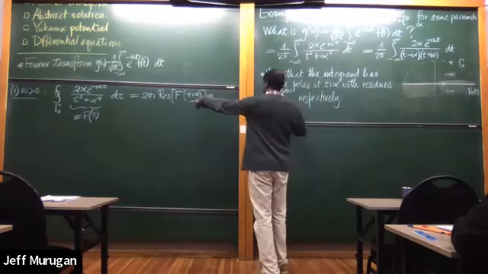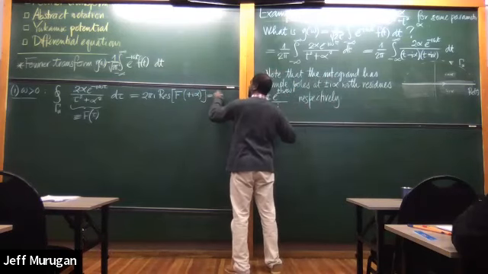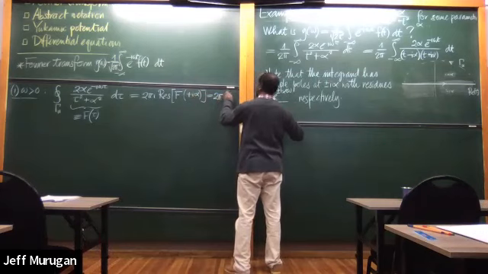So that i is going to cancel out this i. So that's 2 pi times e to the alpha omega.